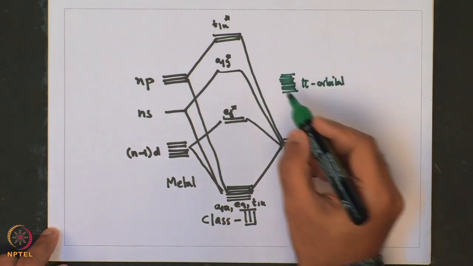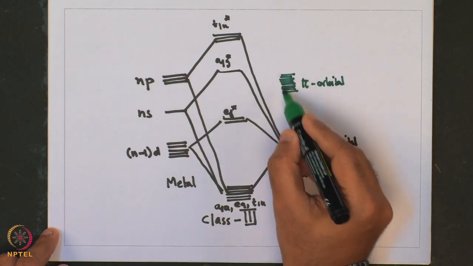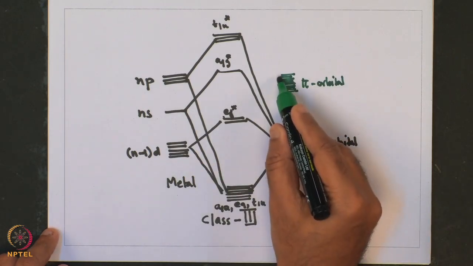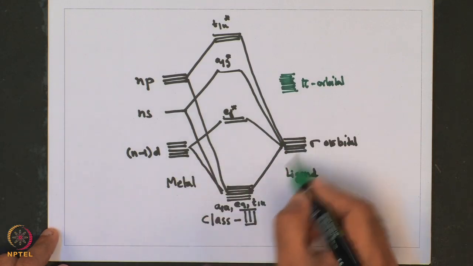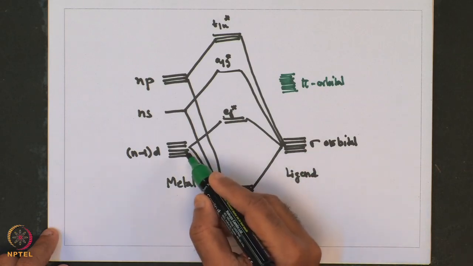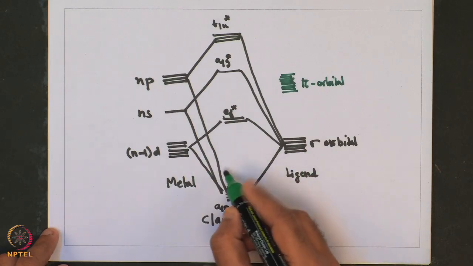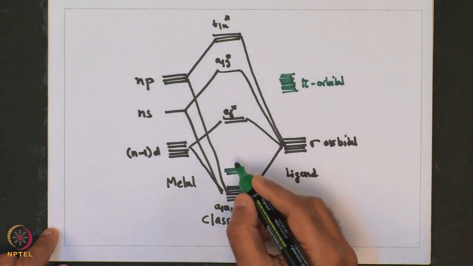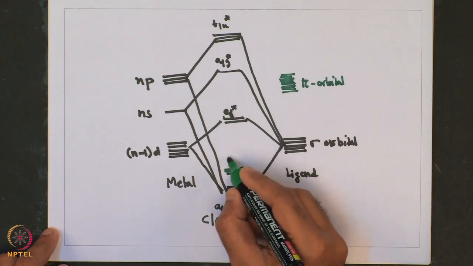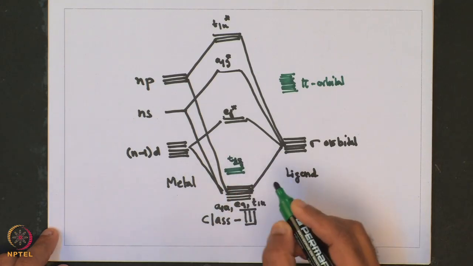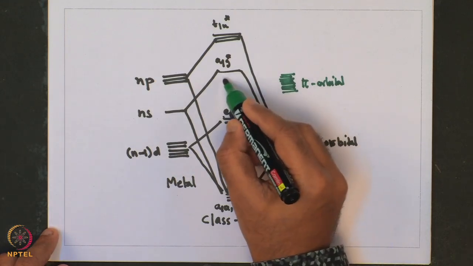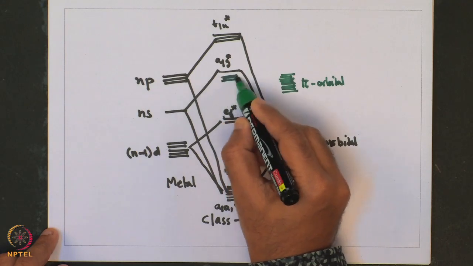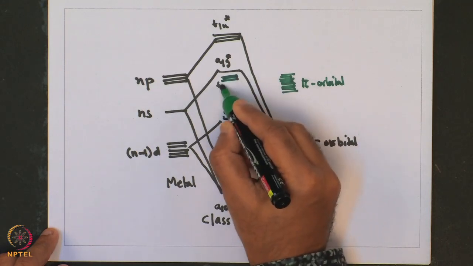Of these 12 pi type orbitals, 3 interact with the remaining 3 d orbitals which have not taken part in sigma interaction and engage in pi type bonding, giving 3 pi bonding orbitals, which is T2G, and 3 pi antibonding orbitals, which is T2G star.